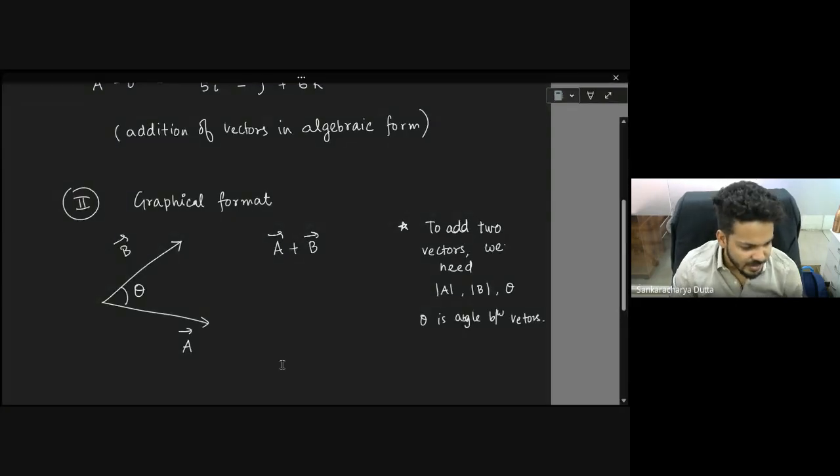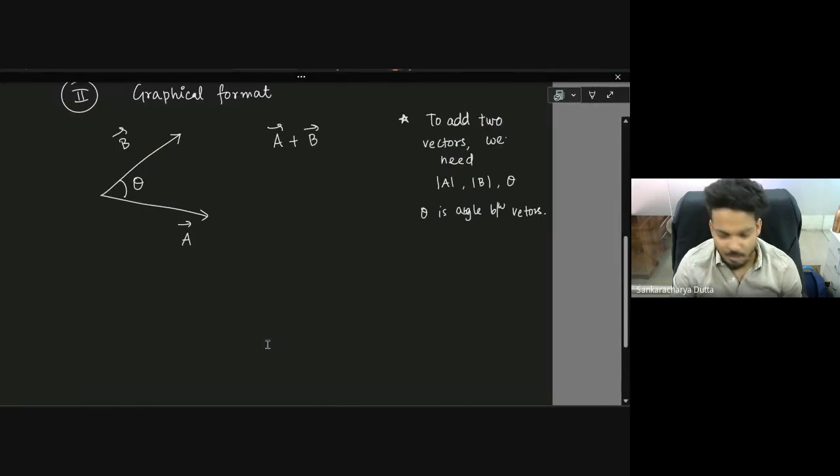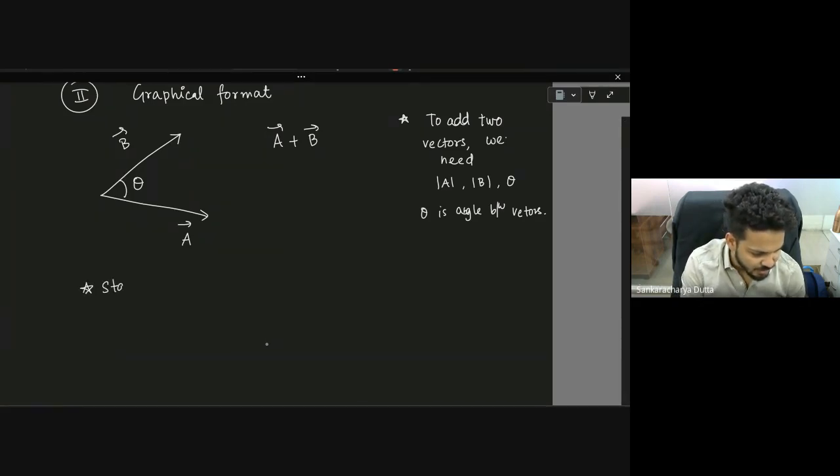Now, how do I find this? Now, this particular law's derivation also comes in exam. So this is something that you can pretty much note. Well, first let us write down the statement. What is the statement? Okay, so the statement goes like this.